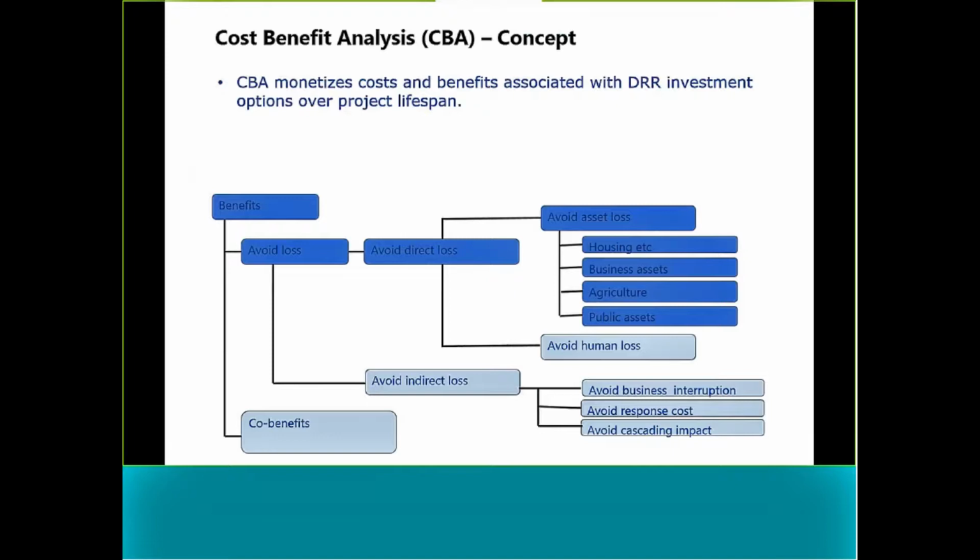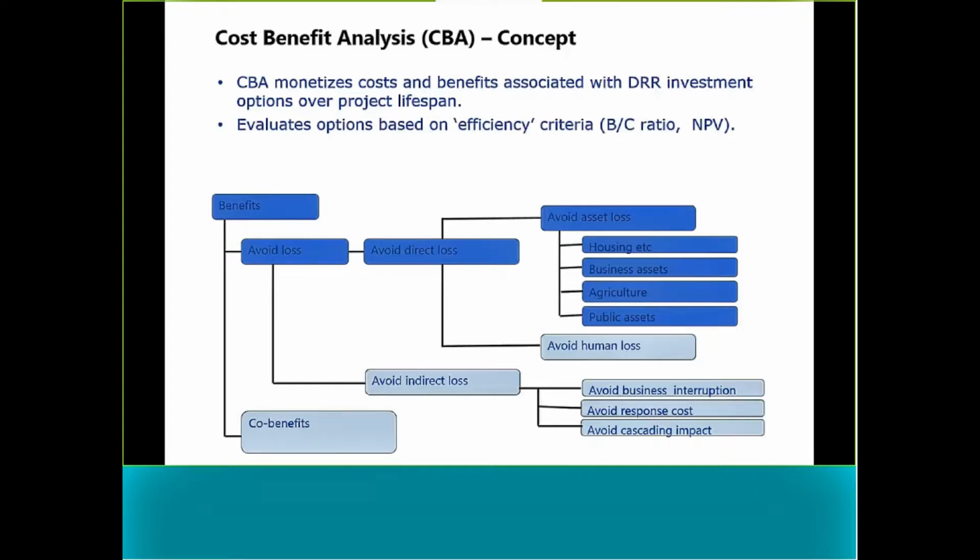In addition, we may have co-benefits such as environmental betterment, better livelihood options, and so forth. And what we do is estimate risk with and without particular disaster risk reduction investment options to quantify some of these benefits.